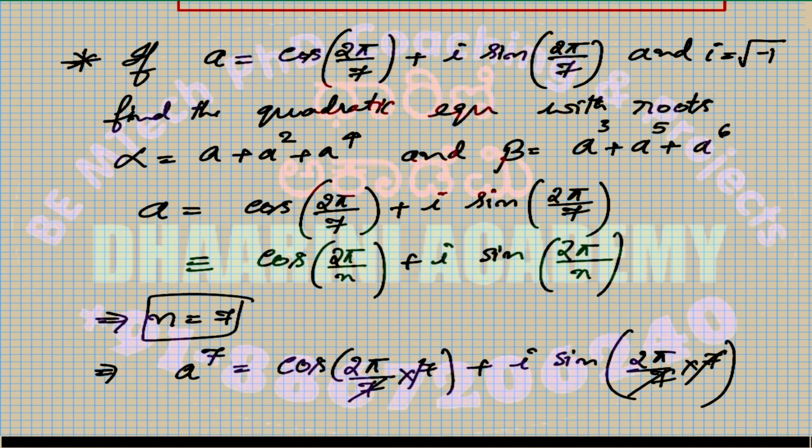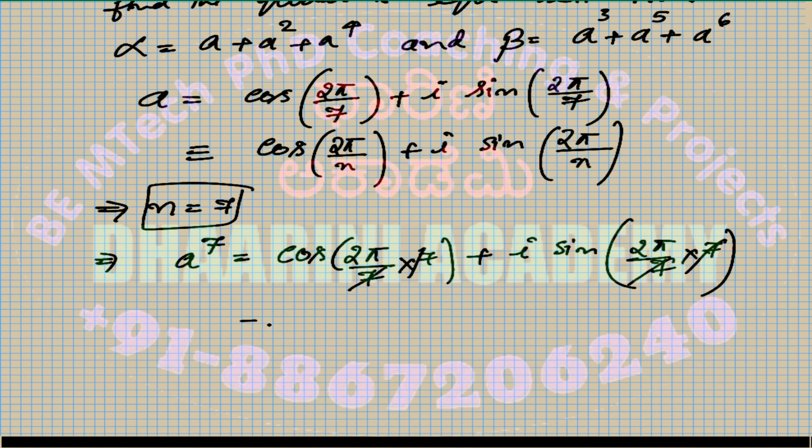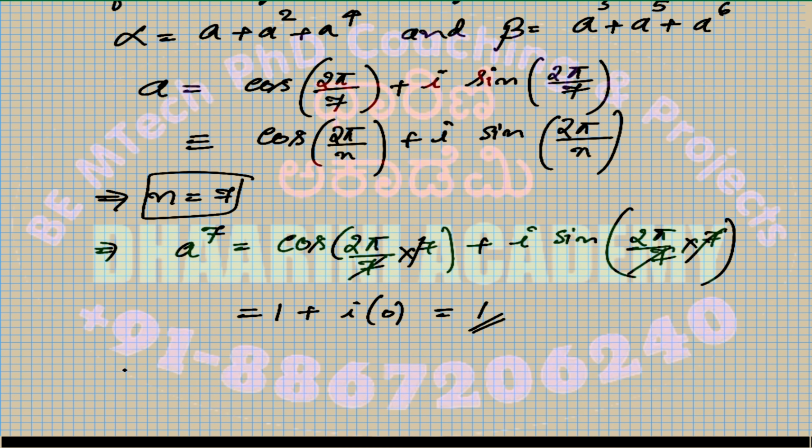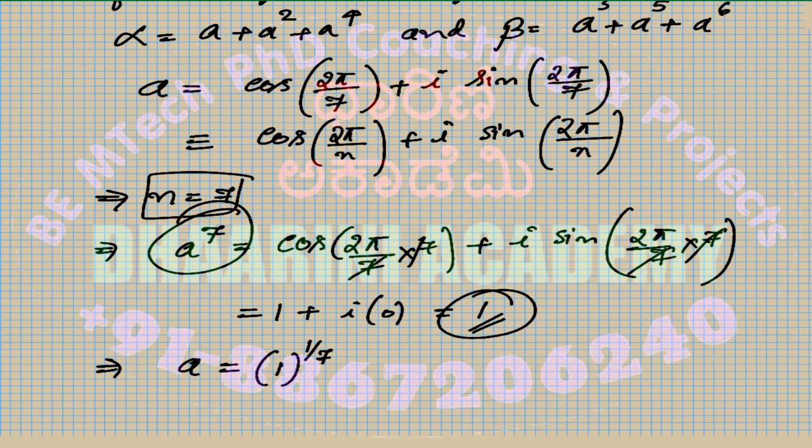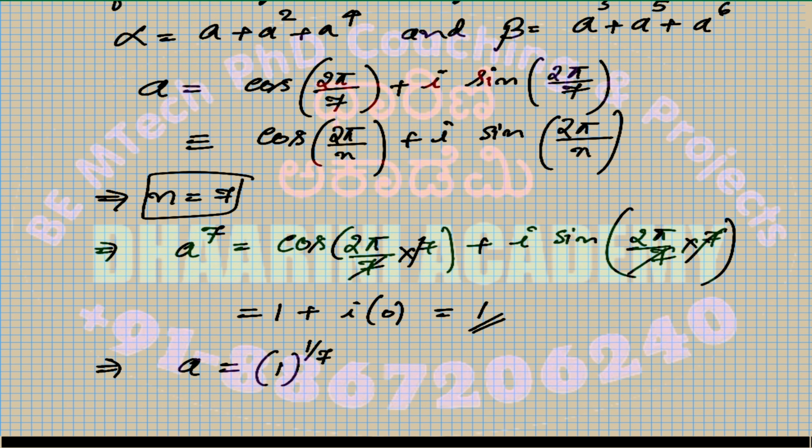Cos 2 pi is cos 0, which is 1, plus i times sine of 2 pi, which is 0. So this is equal to 1. Because a to the 7 is 1, a is equal to 1 raised to the power 1 by 7. So 7th roots of unity are what we are talking about now in terms of a.